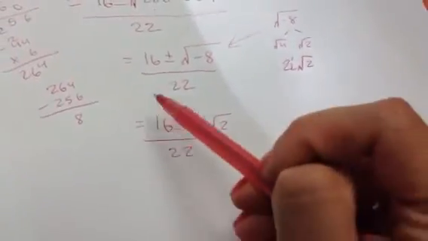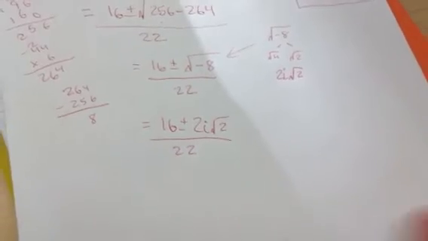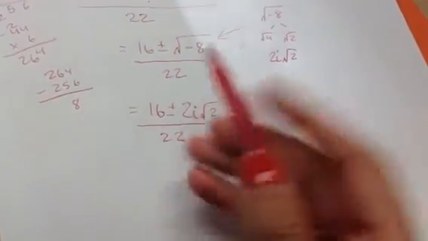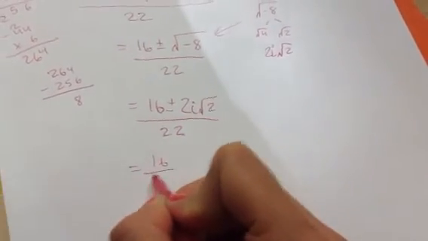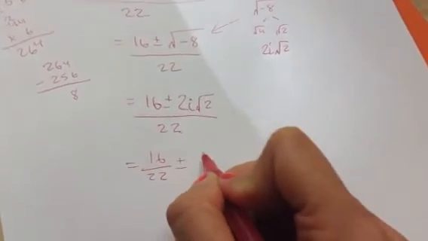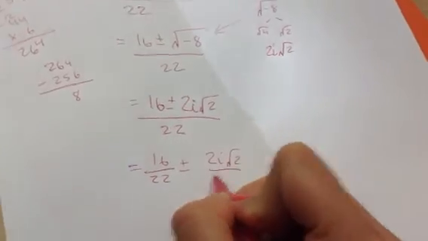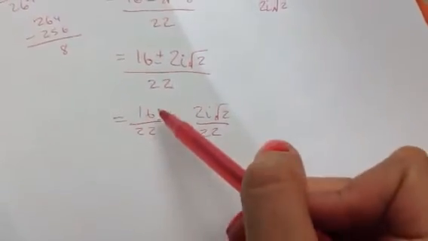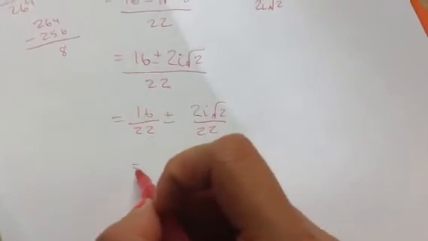Now I know that these are even numbers, so I can reduce. But separate the fractions and then reduce, because I can't just reduce these because this 22 has to be divided by this also. So 16 over 22 plus or minus 2i square root of 2 over 22. I know these are both even numbers, so divide this by 2 and I get 8.